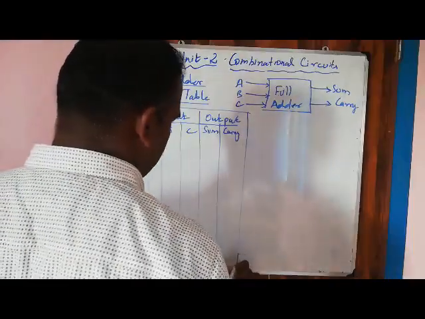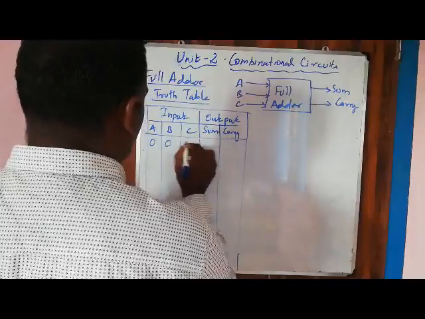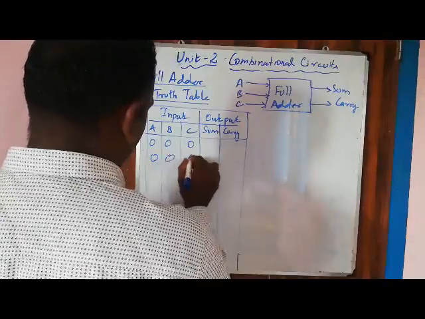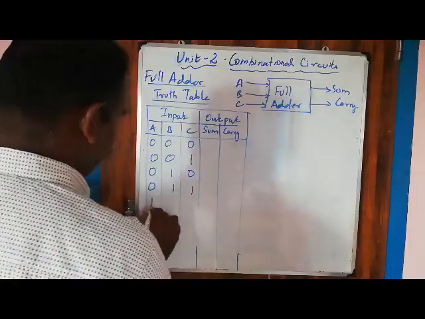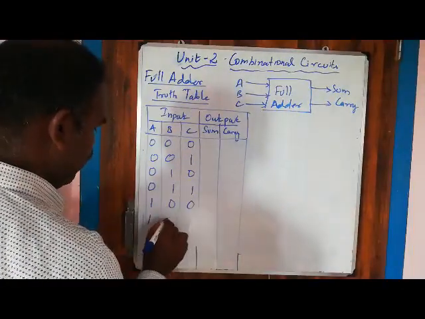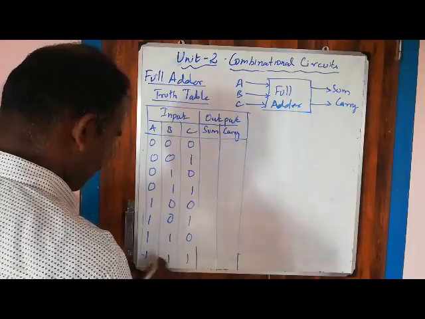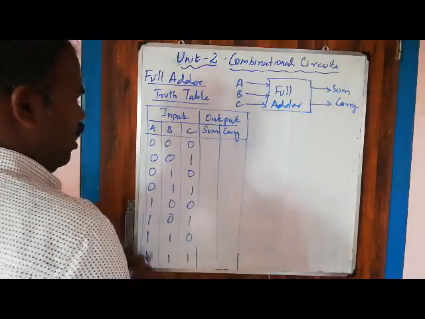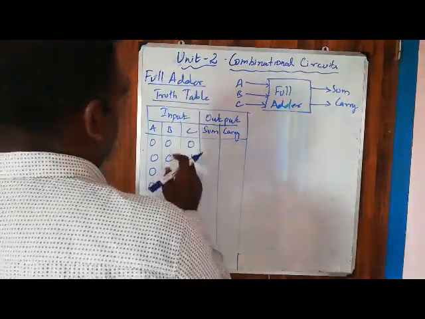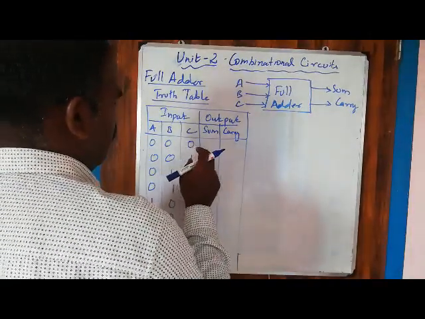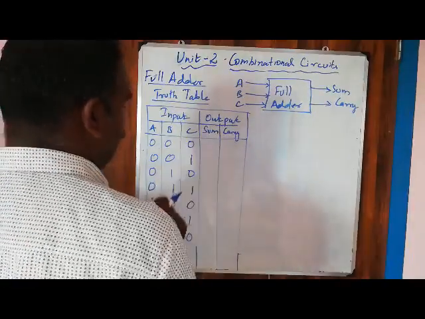What are the three input combinations? 0 0 0, 0 0 1, 0 1 0, 0 1 1, 1 0 0, 1 0 1, 1 1 0, 1 1 1. These are all the three input combinations. We have to calculate the sum and carry for these three input combinations.